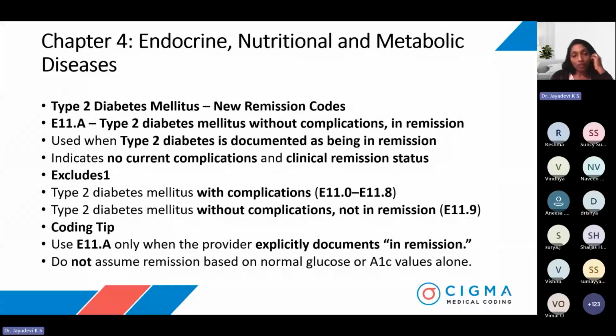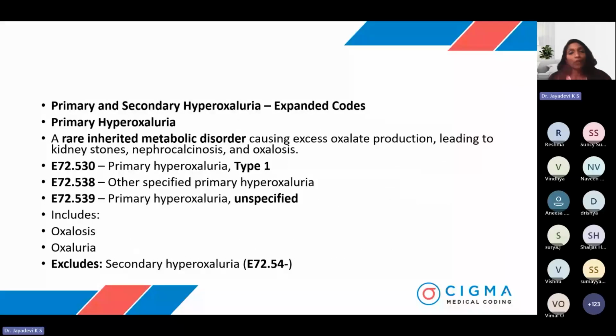Now moving on to other endocrine disorders like hyperoxaluria. This is now expanded as primary hyperoxaluria and secondary hyperoxaluria. These are rare inherited metabolic disorders causing excess oxalate production. These are the codes for primary hyperoxaluria, E72.53 category, E72.530, 538, and 539.